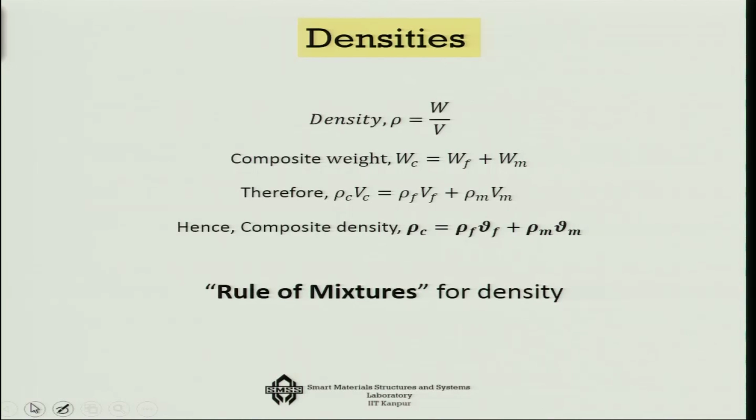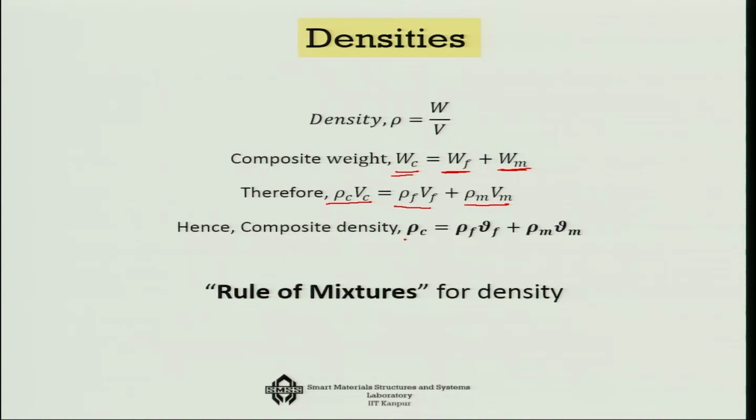Now, if I look at the density, density is what? W over V, and this W, the Wc for the composite, is Wf plus Wm. So what is Wc? It is rho c times Vc, where rho c is the density of the composite and Vc is the volume of the composite, and that equals rho f Vf plus rho m Vm.